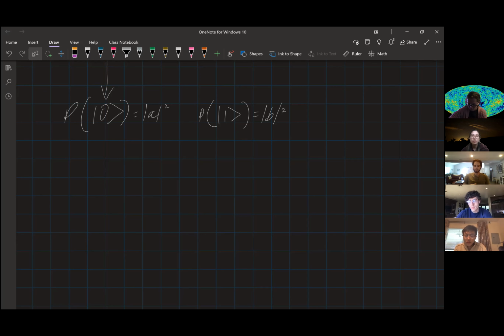What you can do if you take this cavity and you put your 2-state system inside of it, is you can engineer an interaction so that the resonant frequency of the cavity depends on the state of the qubit.